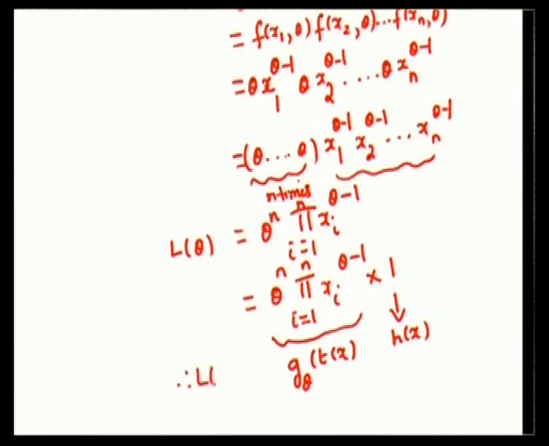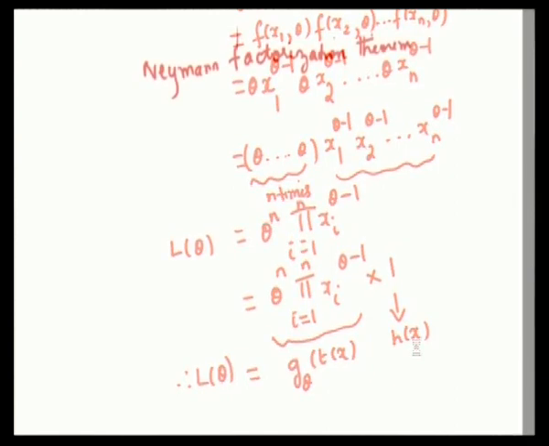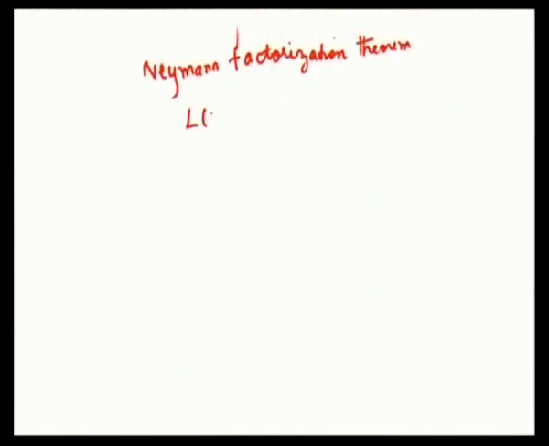Therefore, my L of theta is nothing but the product of g theta of T of x into h of x. Hence, by the Neyman factorization theorem, my L of theta is equal to g theta of T of x into h of x.